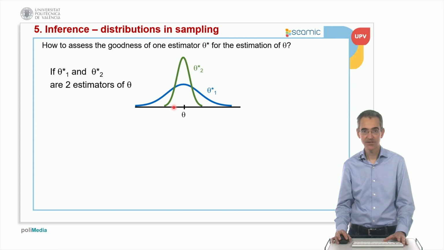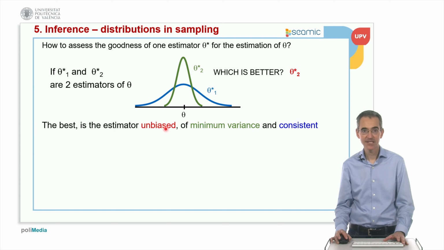And then imagine that I take another estimator, but the distribution of the estimated values is like this. It has a lower variability. Which one is better? Obviously, the second, because on average I'm getting closer to the real value. So the best is the estimator that is unbiased, but also of minimum variance.